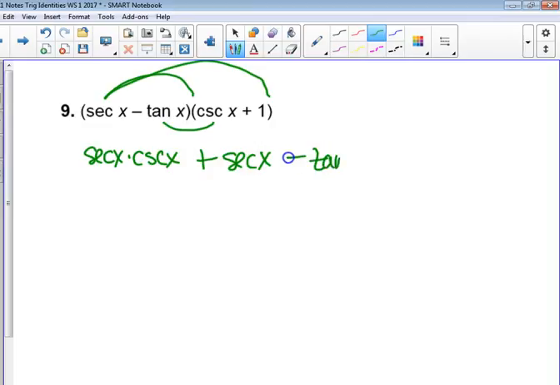Minus the tangent of x that is being multiplied by a cosecant of x, minus the tangent of x.